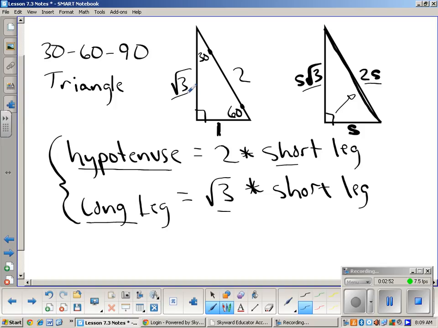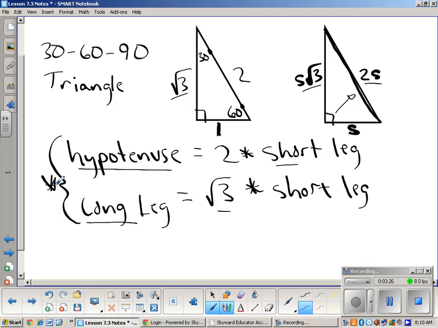These two rules, written this way, are probably going to be the most helpful for you to solve today's problem. I really like this lesson because it gives you the opportunity to look at a triangle, and if you identify that it's a 30, 60, 90, or what we're going to do in a minute, a 45, 45, 90, you can identify it's one of these two types of triangles, then you can find information about missing sides very, very easily.